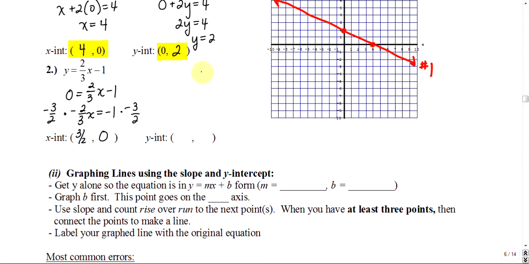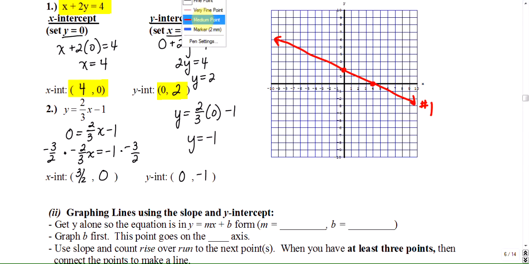We do the same thing for the y-intercept, this time plugging in 0 for x. And there we go, and we'll graph this one, maybe in a different color, in blue.